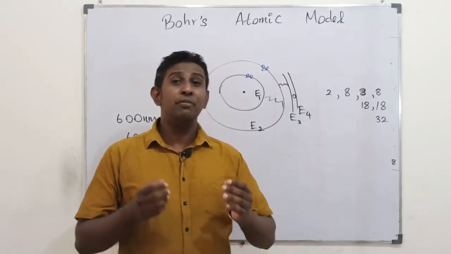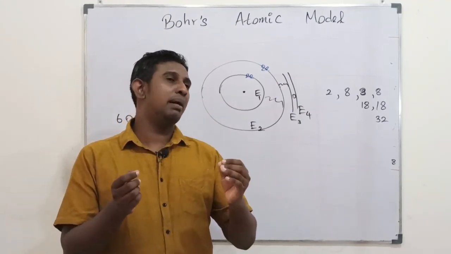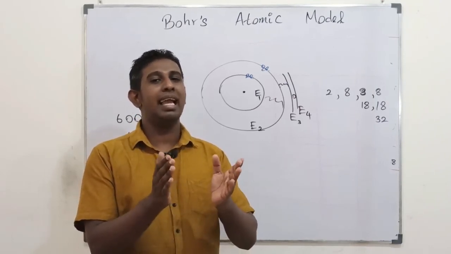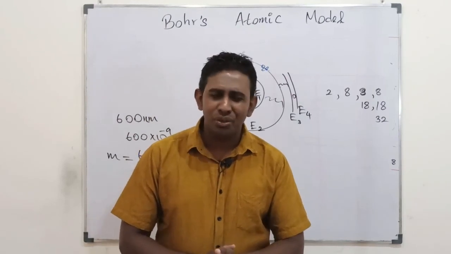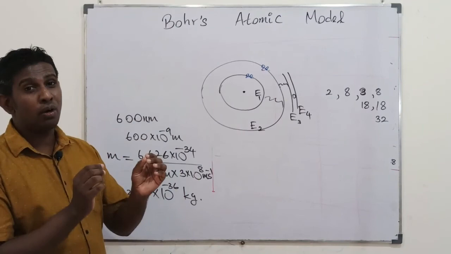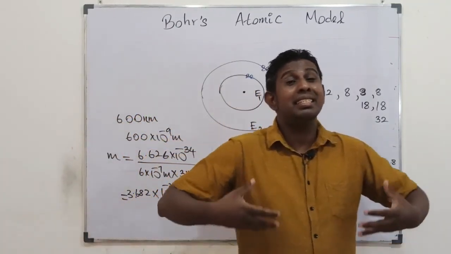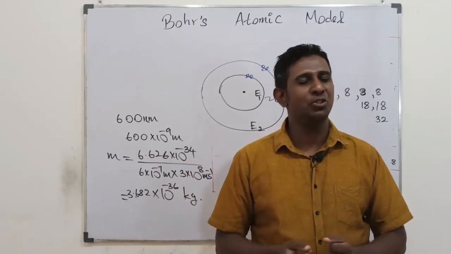Therefore, if it is energy, there's no point talking about losing its energy, because the electron itself represents the energy. Using that idea, Niels Bohr presented this energy shell model regarding the atom. Hope it's very clear to you.